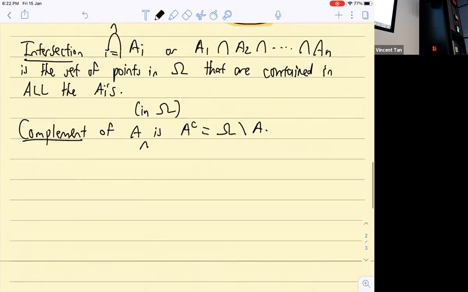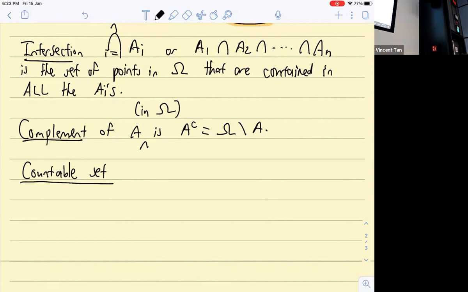Any questions? Okay. Sometimes we also have to deal with funny sets, so let's define the notion of a countable set. Sometimes we have to deal with it, though not too often. If you don't fully understand this, it's okay, especially if you see this for the first time.